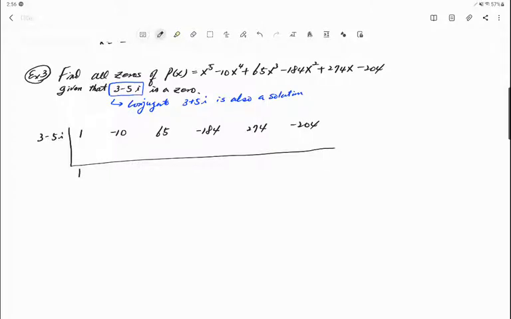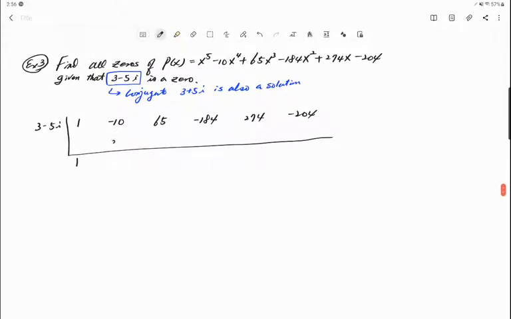Bring one down, multiply, so 3 minus 5i, add it, so negative 7 minus 5i. Okay, multiply two conjugates. I'm going to use a scratch paper to multiply these two.